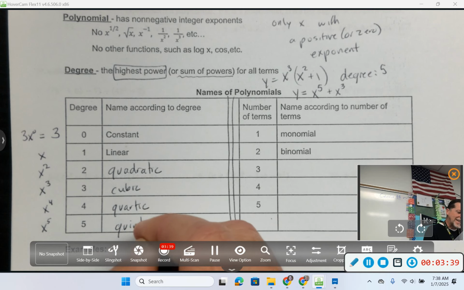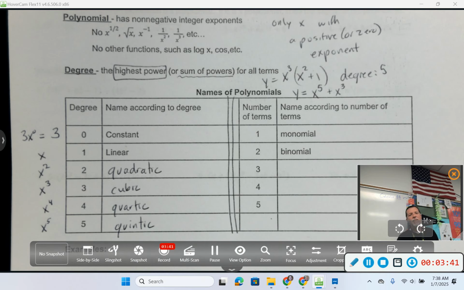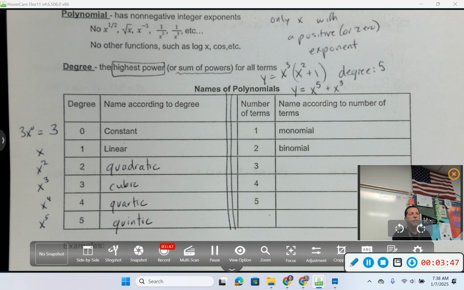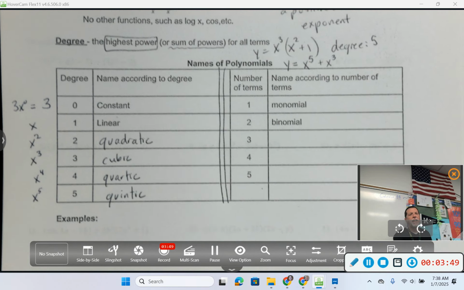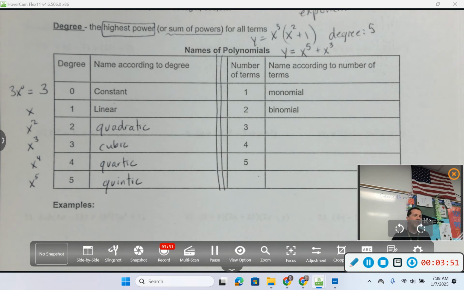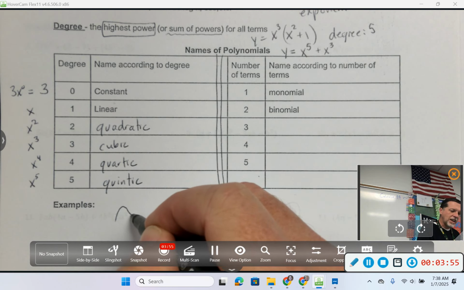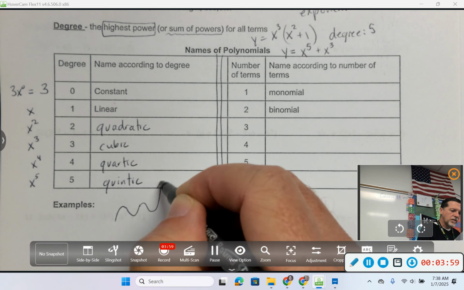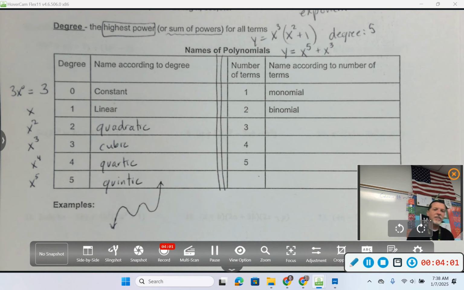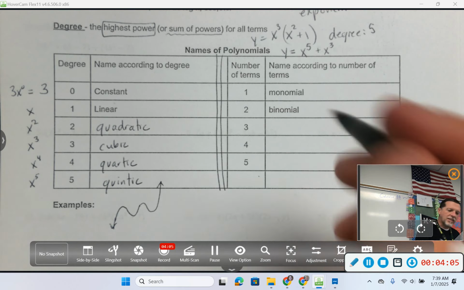But quint. Quintic. I don't even know what that looks like on a graph. Well, on a graph it would have 4 turns, so it would look like 1, 2, 3, 4. There's a quintic graph. We're not going to have to worry about that.